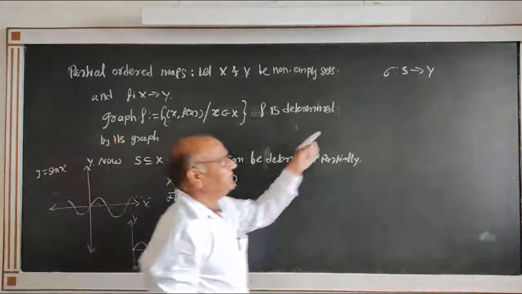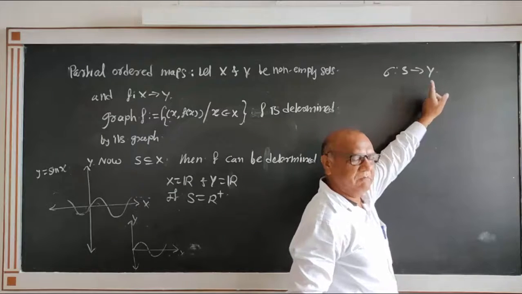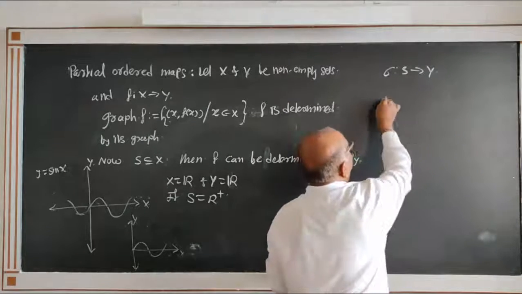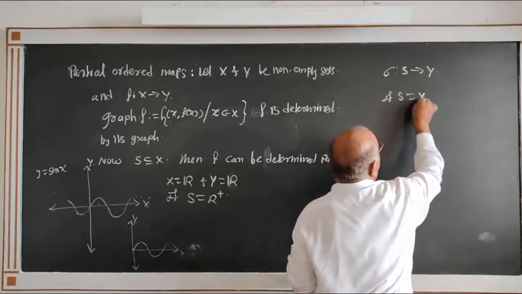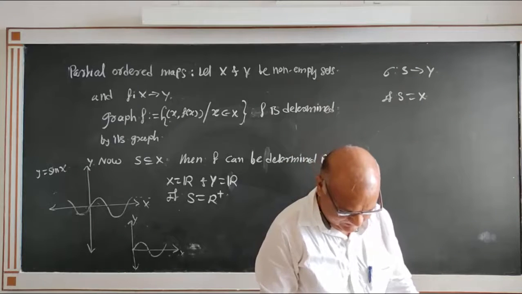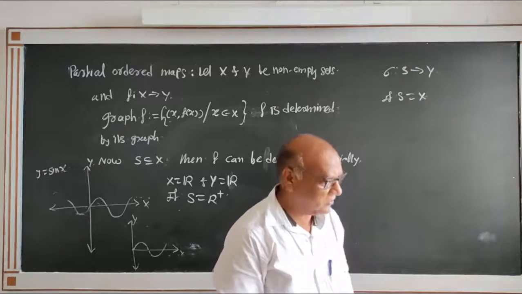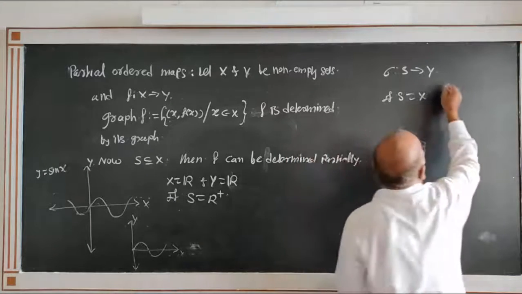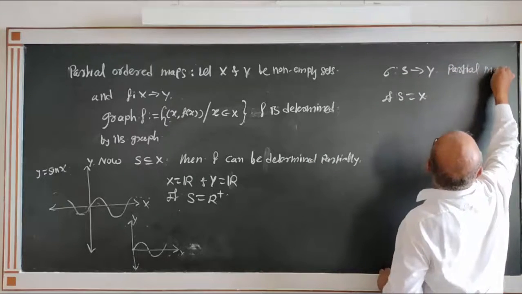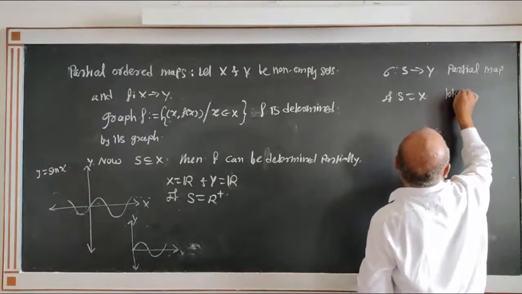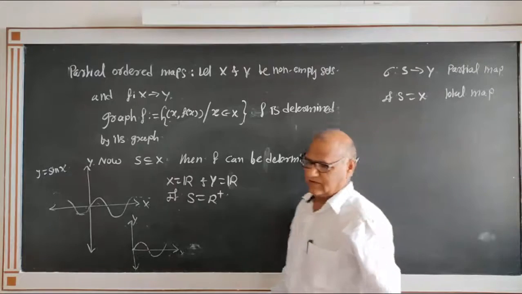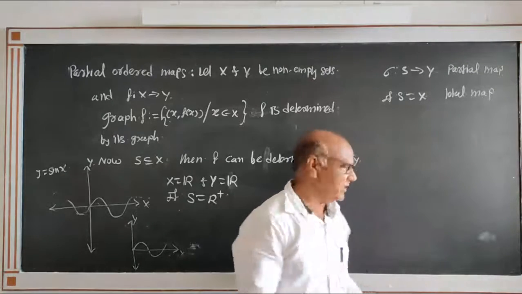Then this is called a partial function. If S is equal to X, then this map is called a total map.